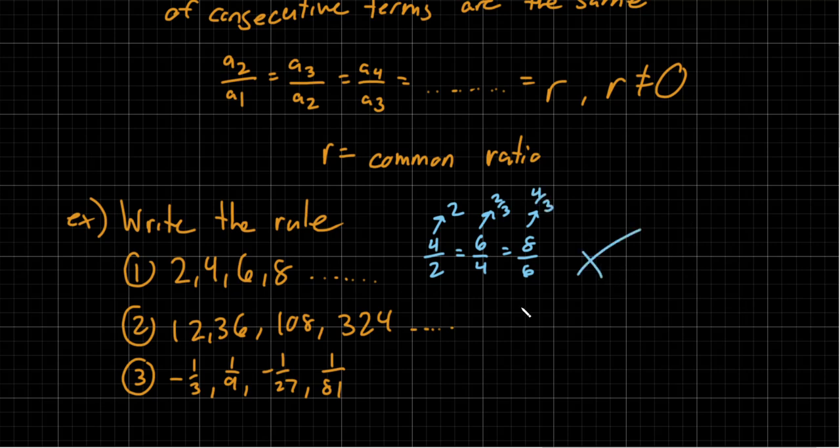Nope. Great. Next one, we have 36 over 12, which should equal the same as 108 over 36, and the same as 324 over 108. First one should simplify to what?